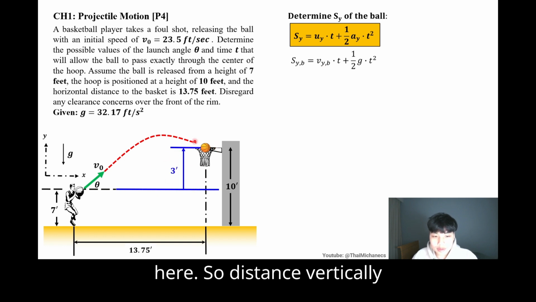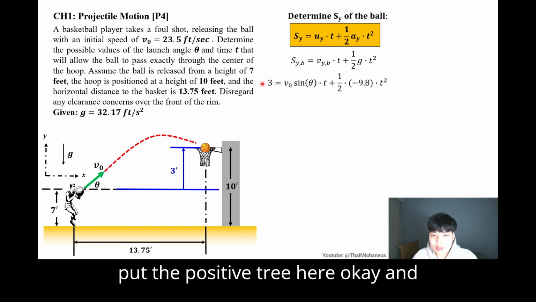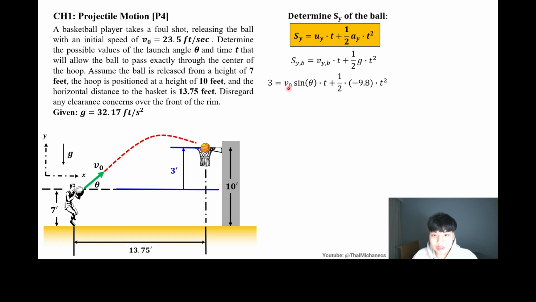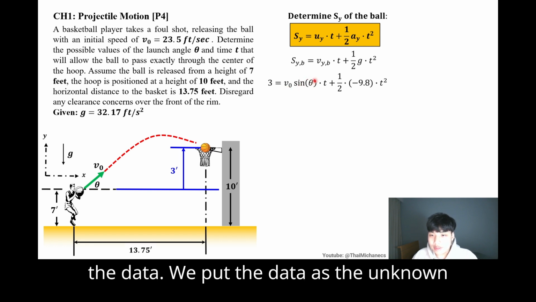The distance vertically is 3 feet above the original position, so we put positive 3 here. For the velocity, v0 sine theta, because we don't know theta, we keep it as the unknown.